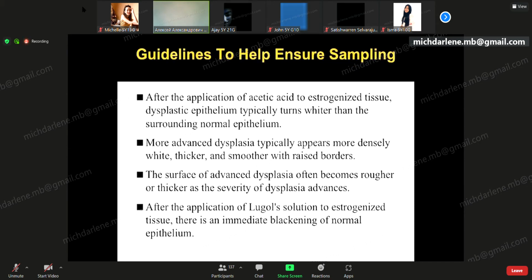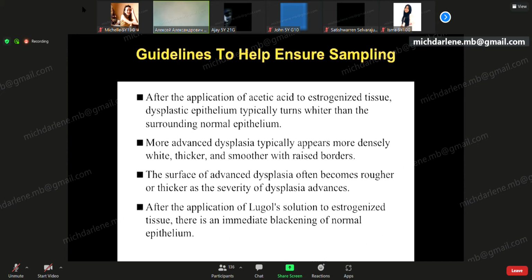After the application of acetic acid to estrogenized tissue, dysplastic epithelium typically turns whiter than the surrounding normal epithelium. More advanced dysplasia typically appears more densely white, thicker, smoother, with raised borders.